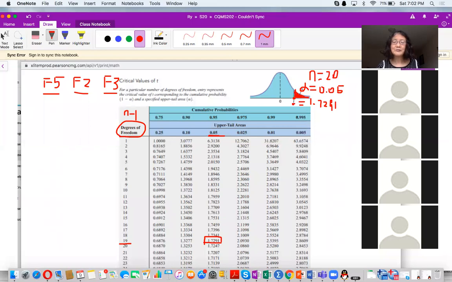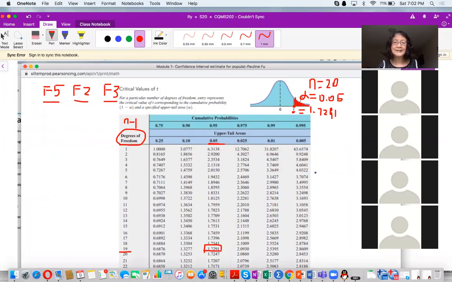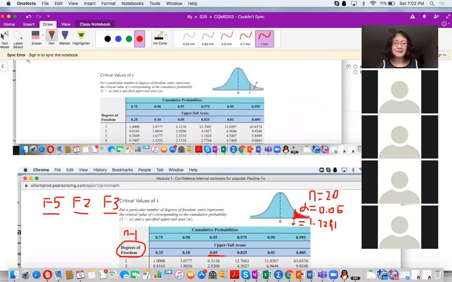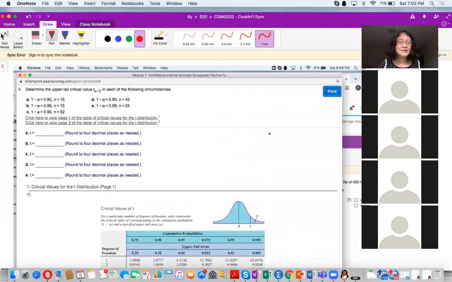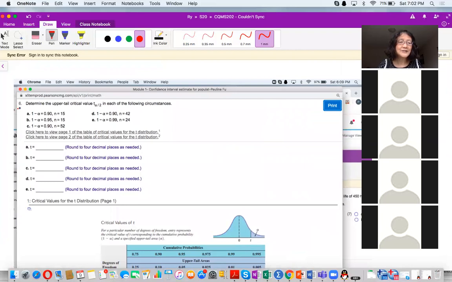Okay, so once we understand this, we do a little exercise. This exercise is from some students asking this question. That's why I emphasize the Zoom session is sometimes just Q&A, so please ask questions. Can you see question 6?